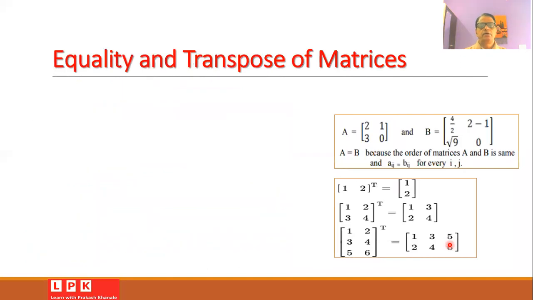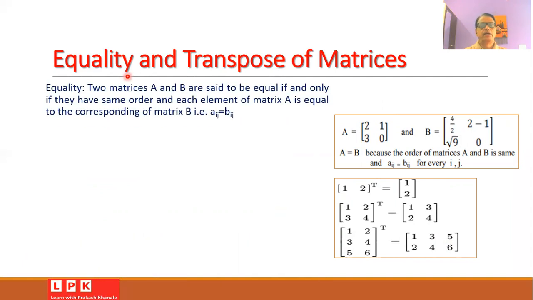Now, let us understand two important operations called equality and transpose of a matrix. Two matrices A and B are said to be equal if and only if they have the same order. So the number of rows and number of columns must be the same, and each element of the matrix A is equal to the corresponding element of the matrix B. That is, Aij is equal to Bij.